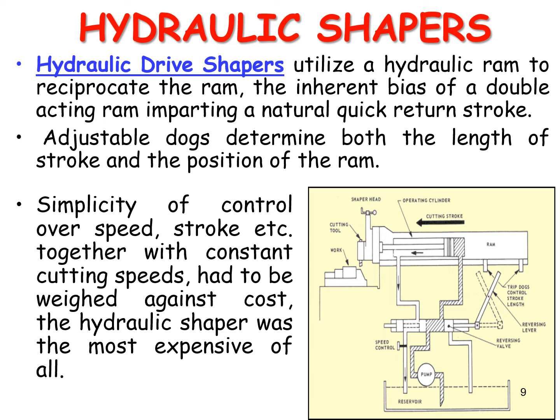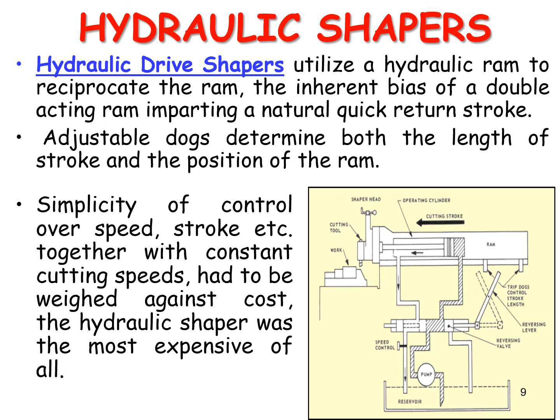Out of the various types of shaping machines, we will discuss the hydraulic type of shaper. The hydraulic drive shaper utilizes a hydraulic ram to reciprocate the ram, the inherent bias of the double acting ram imparting a natural quick return stroke.